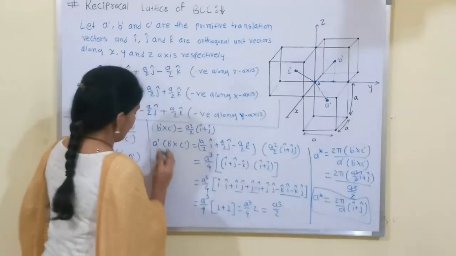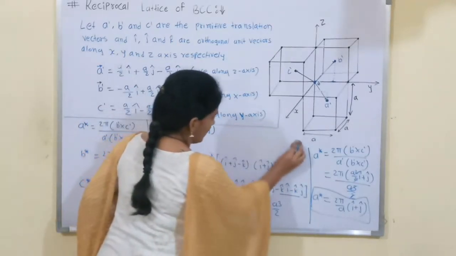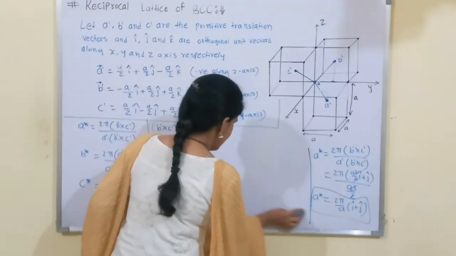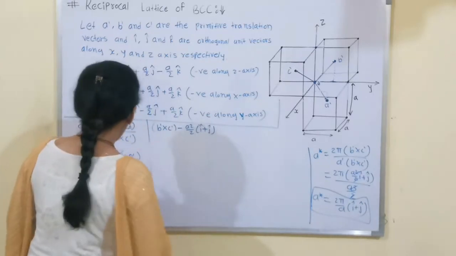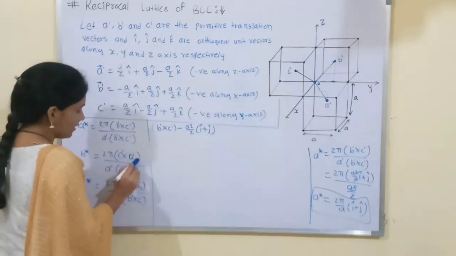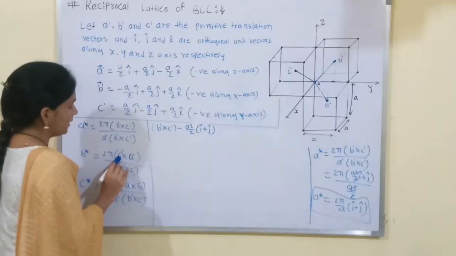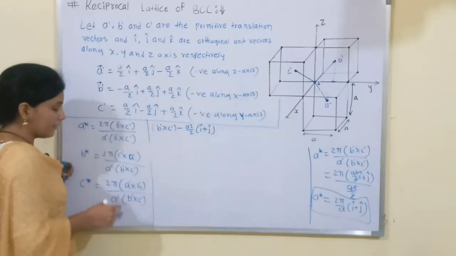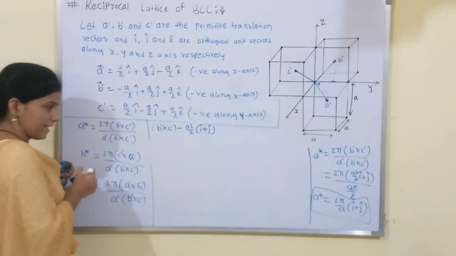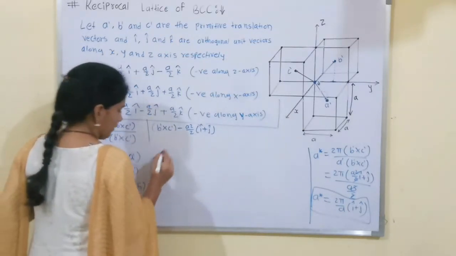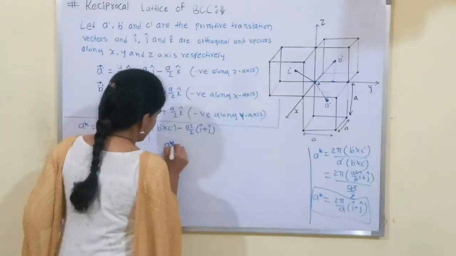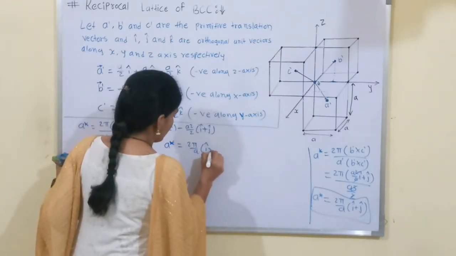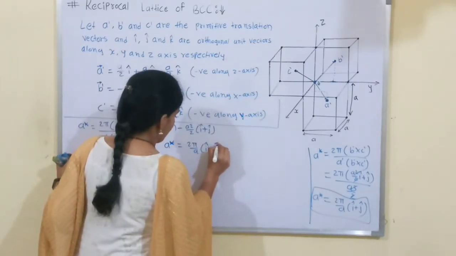Okay, so we have calculated the value for A star. Similarly, if we calculate the value of C dash cross A dash and A dash cross B dash, and put this value in the B star and C star, we will get the value for, first we will write the value of A star is equal to 2 pi by A into I plus J. Okay.